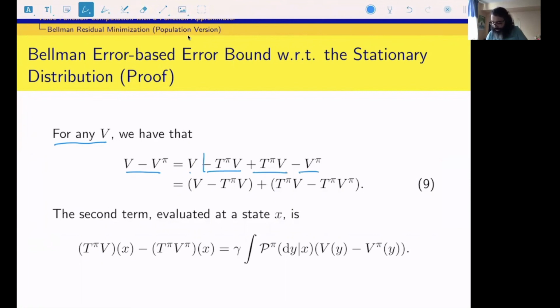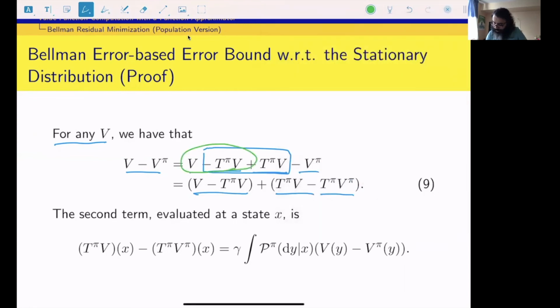Essentially we added and subtracted these two terms, and now I decompose them into V minus T pi V and T pi V minus T pi V pi. Okay, I guess the first term is clear.